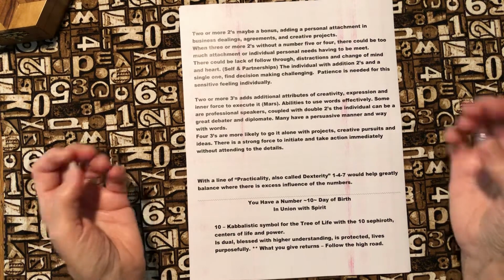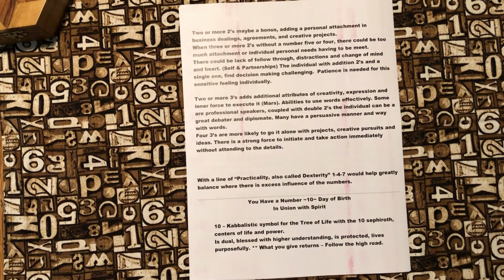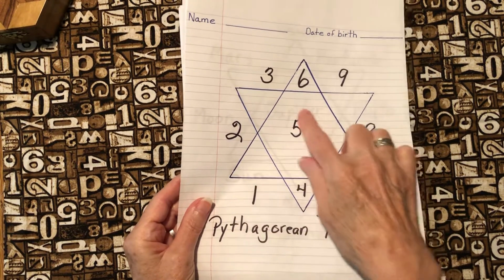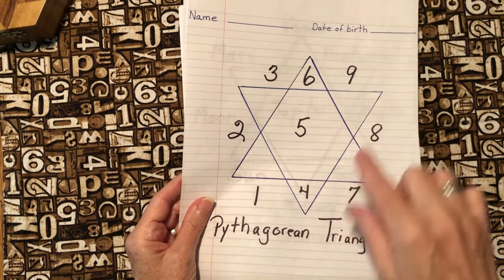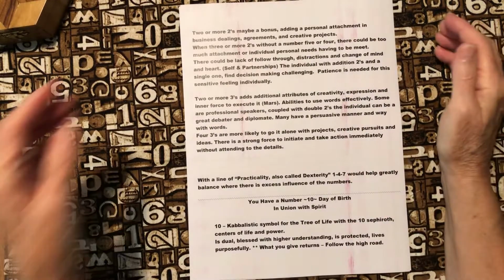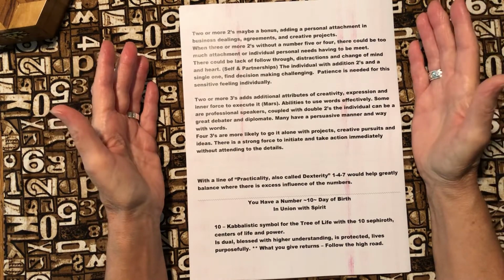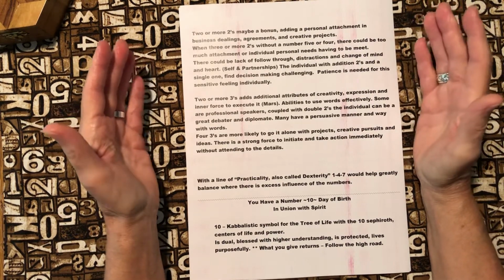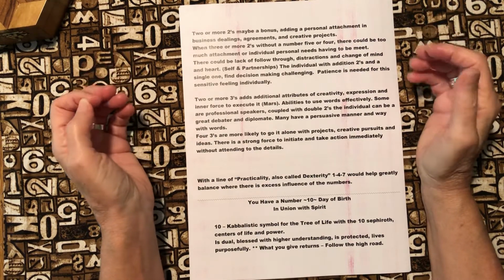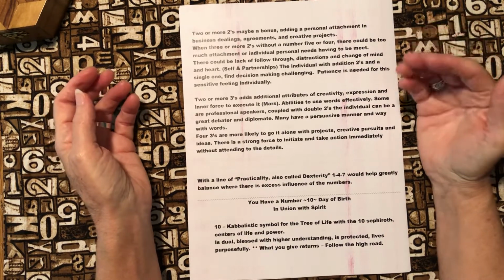When 3 or more 2s appear without a number 5 or 4, which is right next to the 2, the 5 always adds some type of balance, or 4, which is grounding, the extra 2s could be too much attachment or individual personal needs having to be met. There could be lack of follow-through, distractions, and change of mind and heart.